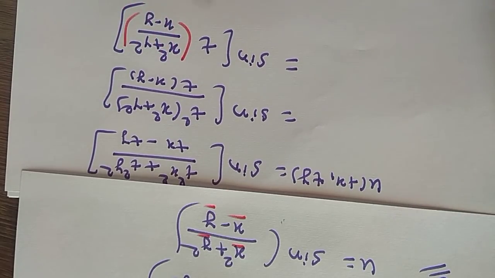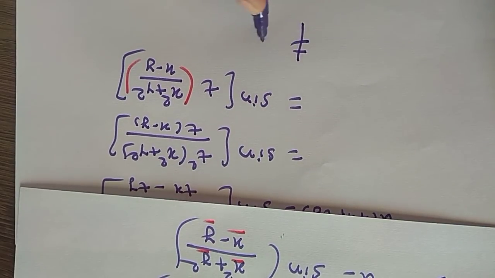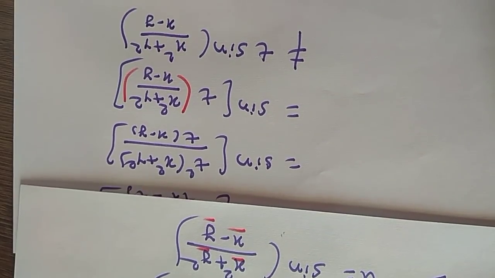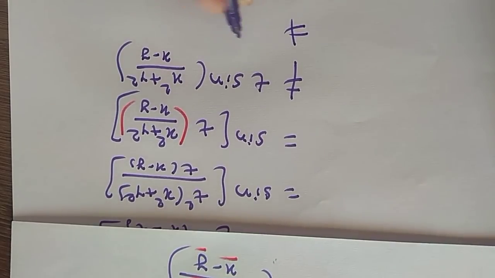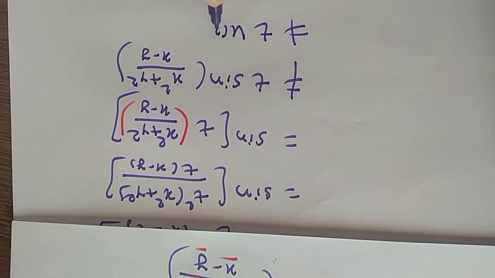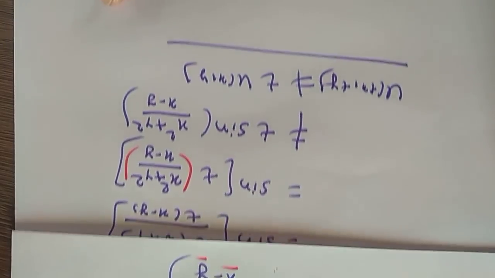But we will not be able to take this t outside. This is not equal to t into sine of x square plus y square divided by x minus y. That means this is not equal to t raised to power 1 times u of xy, so u of tx, ty cannot be written in this way.